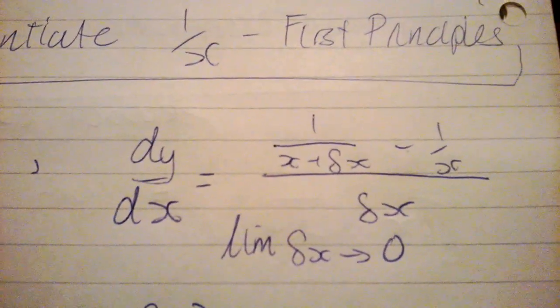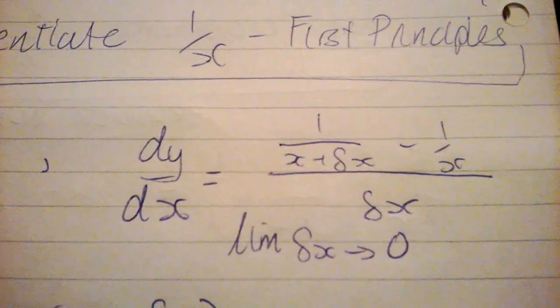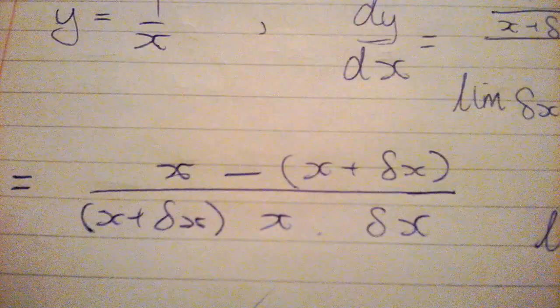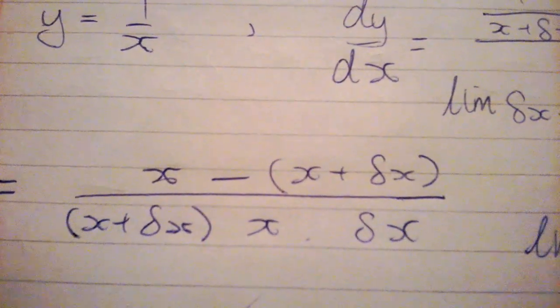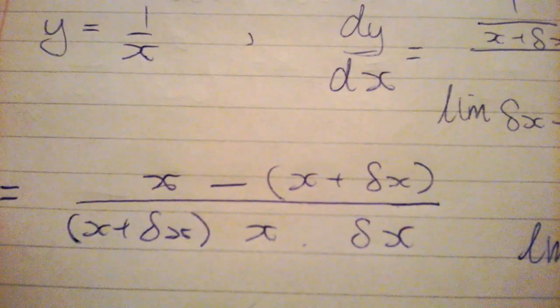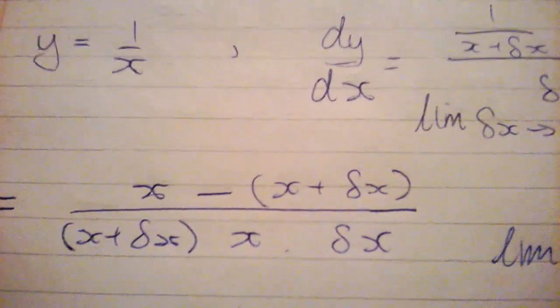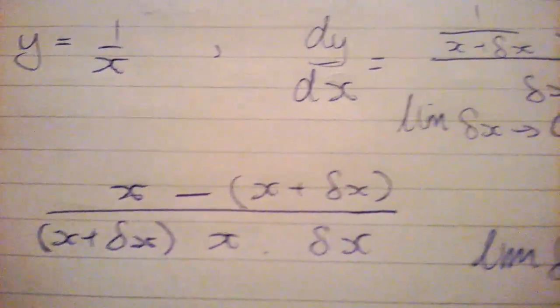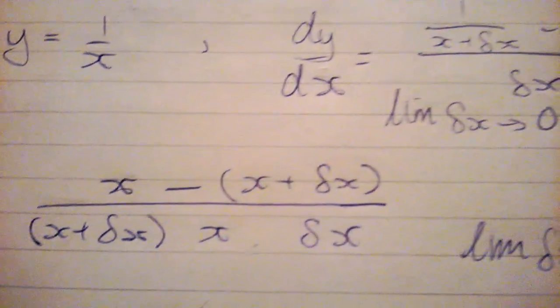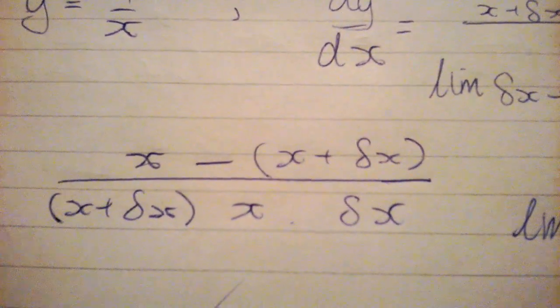So what we want to do is get everything onto a common denominator, which is x plus delta x times x. So we accommodate the first two terms, but then we've got our delta x from the last equation, again limit as delta x tends to 0.